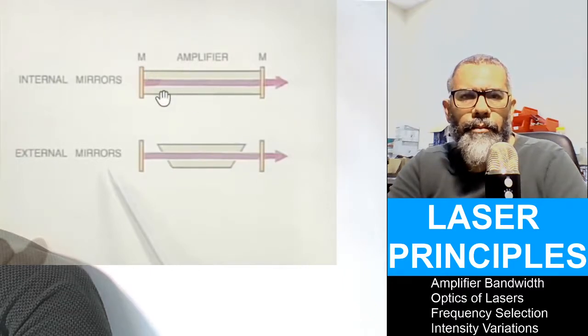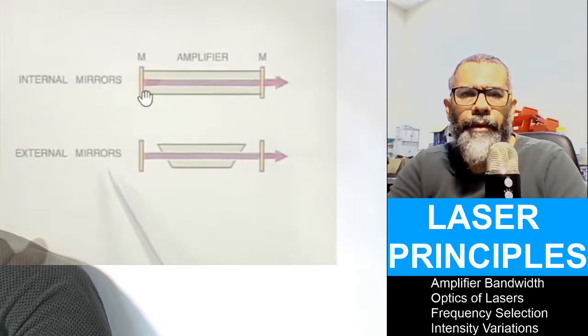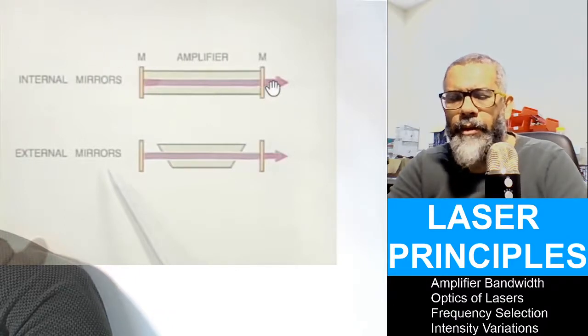So in some lasers, the mirrors are just at the end of the amplifier. The amplifier endpoints are just processed so that the surfaces of the amplifier endpoints act like a mirror.